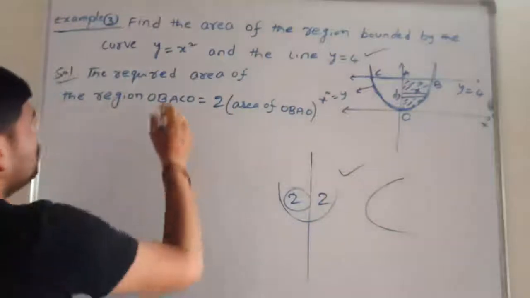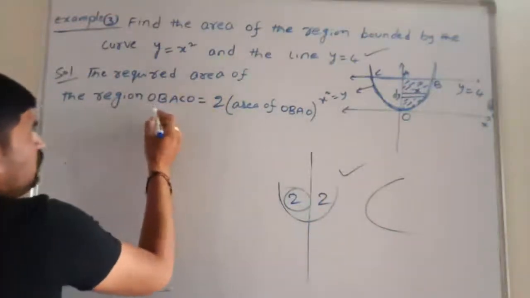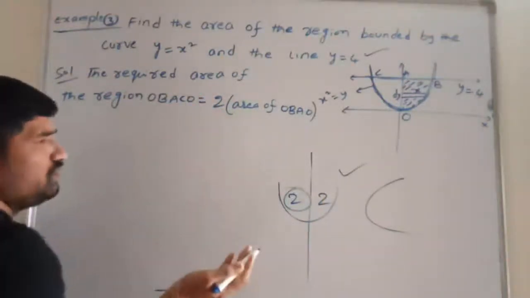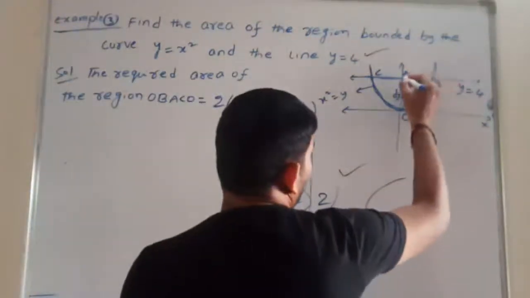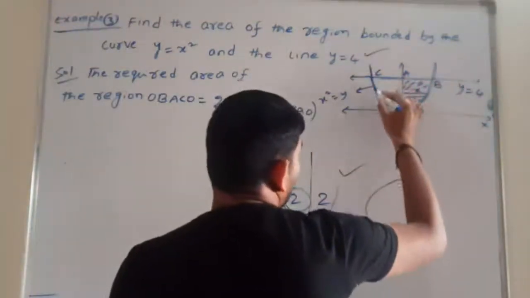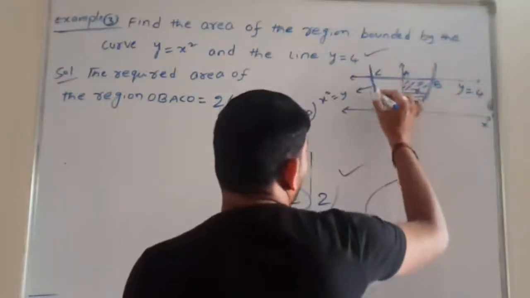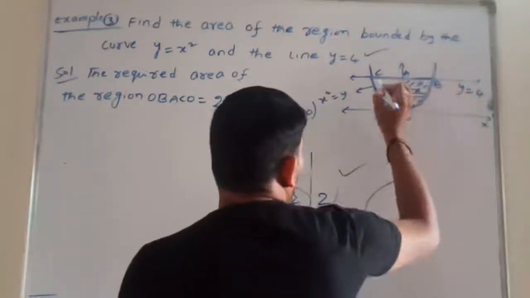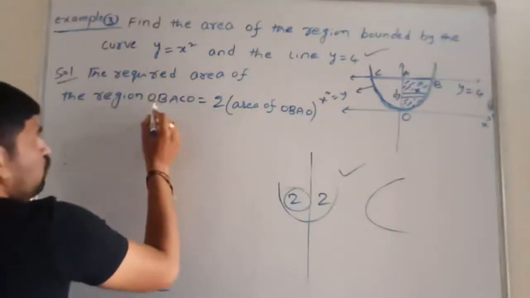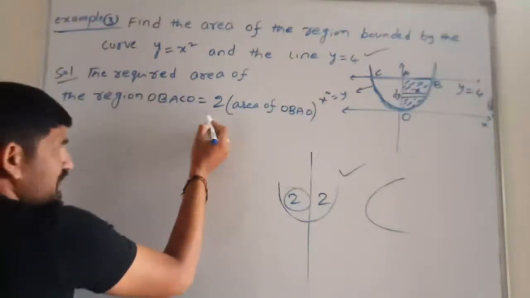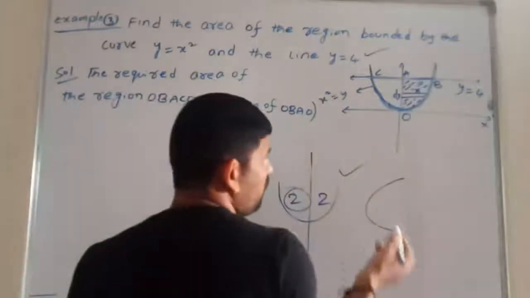So I am writing here the required area of the region. Which one do we require? That is O, B, A, C, O. Yes, this is the part we require. So we write the required area of the region O, B, A, C, O is equal to 2 into, why 2 into?